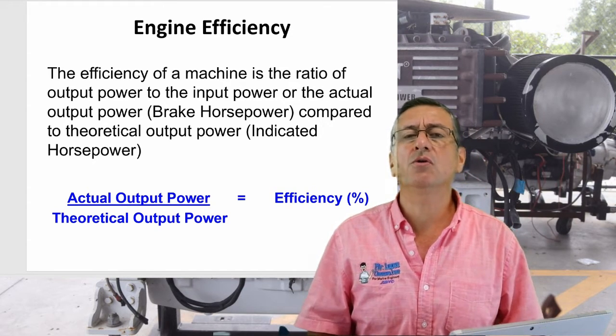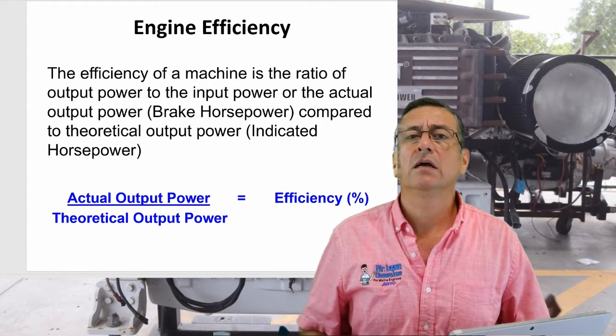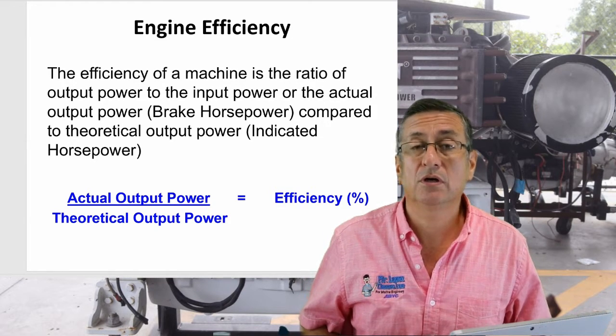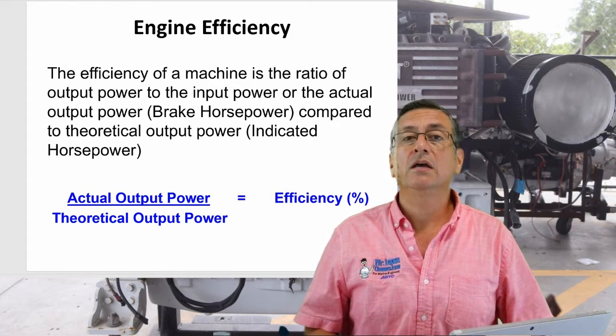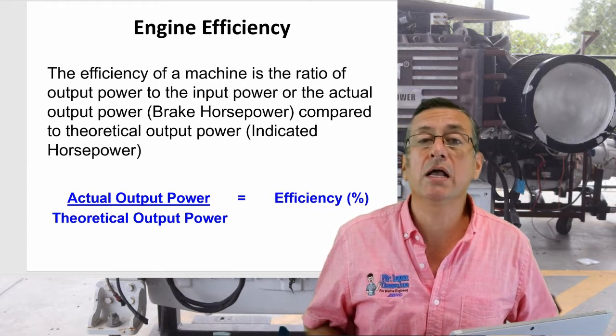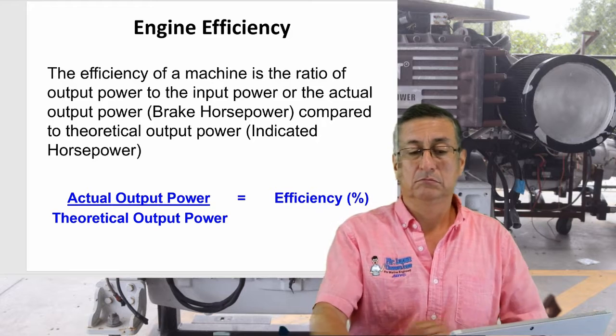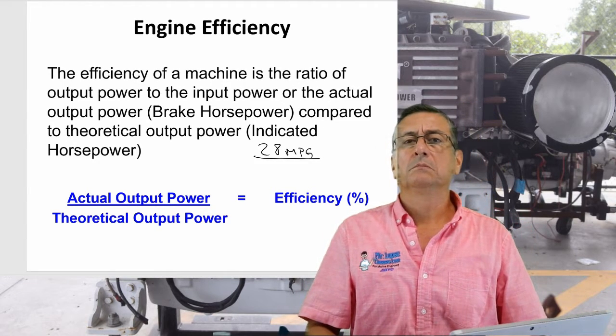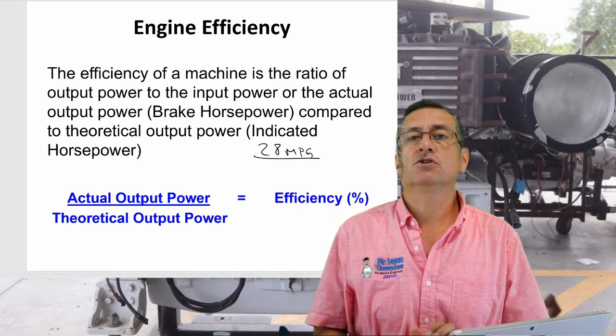You have a new car and you have the catalog of the car, and the catalog says that the fuel consumption of the new car is 28 miles per gallon. They say that this is the consumption.